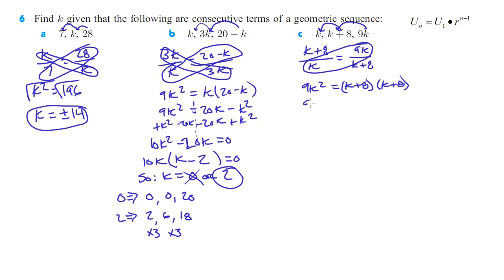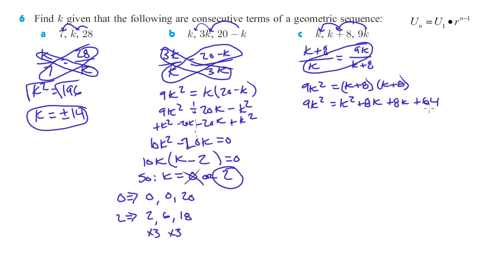We have to FOIL this out, right? So k times k is k squared, k times 8 is 8k, 8 times k is 8k, and 8 times 8 is 64.